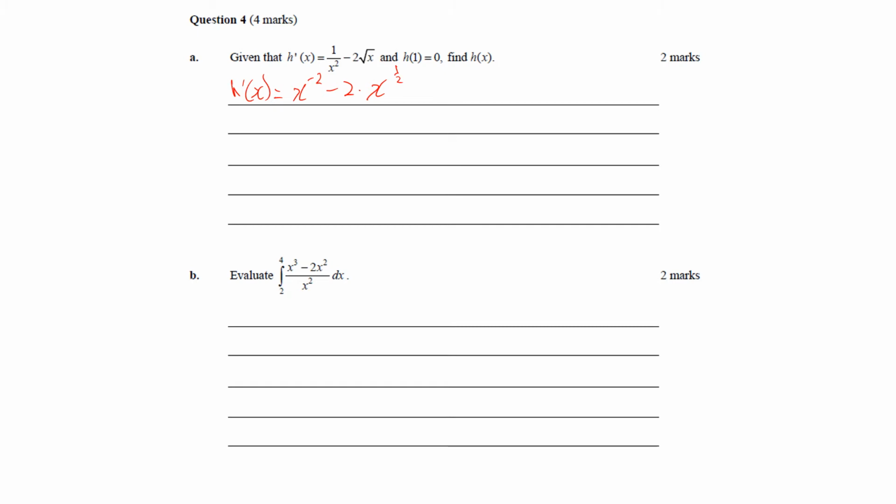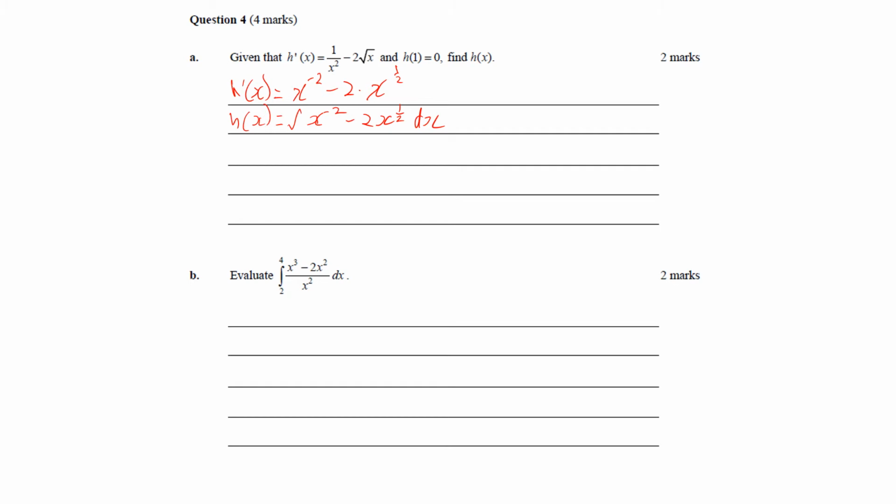And so if this is my h dashed of x, then h of x is going to be equal to the integral of this. So the integral of x to the minus 2 minus 2x to the power of half dx. That's the indefinite integral. I don't have any terminals.